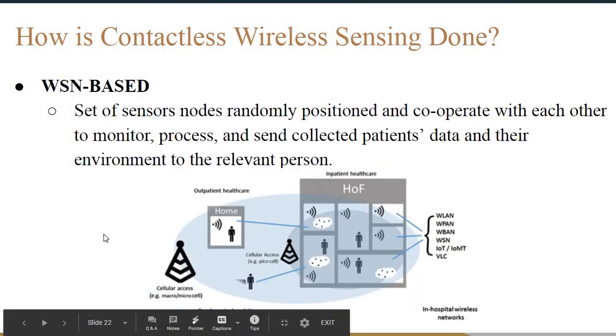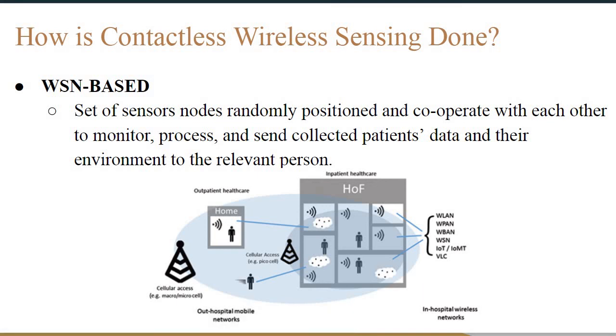The wireless sensor network-based contactless wireless sensors are basically a set of sensor nodes randomly positioned, which cooperate with each other to monitor, process, and send the collected patient's data and their environment to the relevant person.